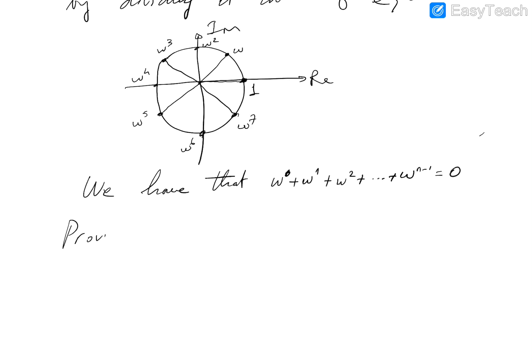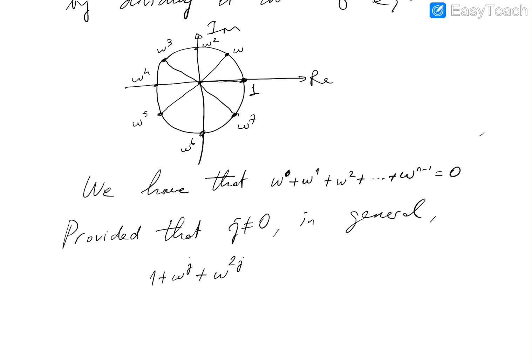So provided that j is non-zero, in general, 1 plus omega to the power j plus omega to the power 2j up to omega to the power (n minus 1)j is equal to 0.